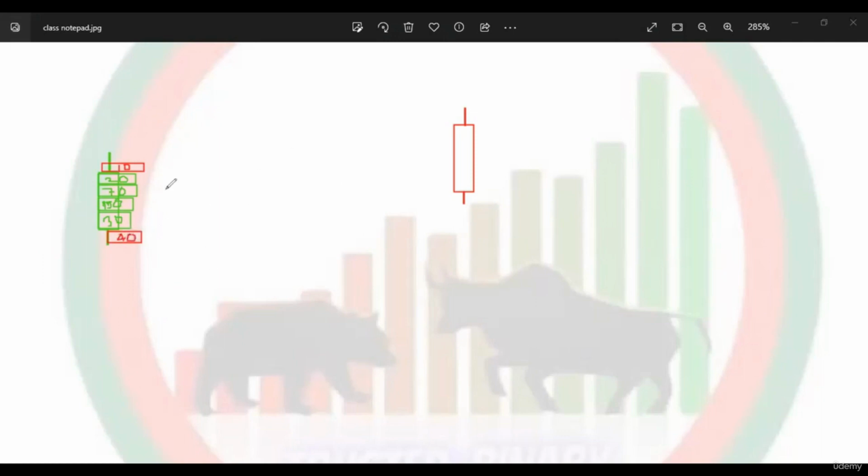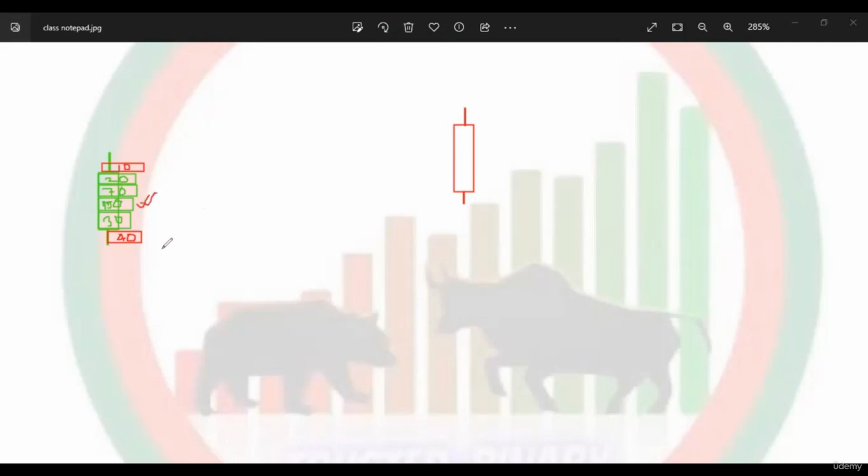The common explanation, which everyone learns and teaches, is that in this candlestick this area is high on the buyer side, that's why this is the power of control.